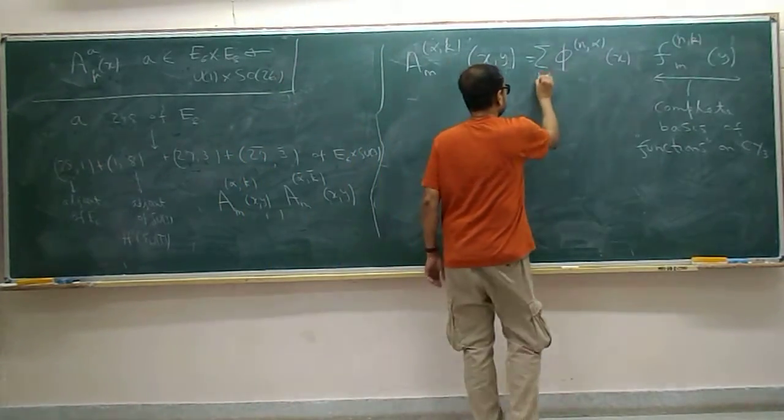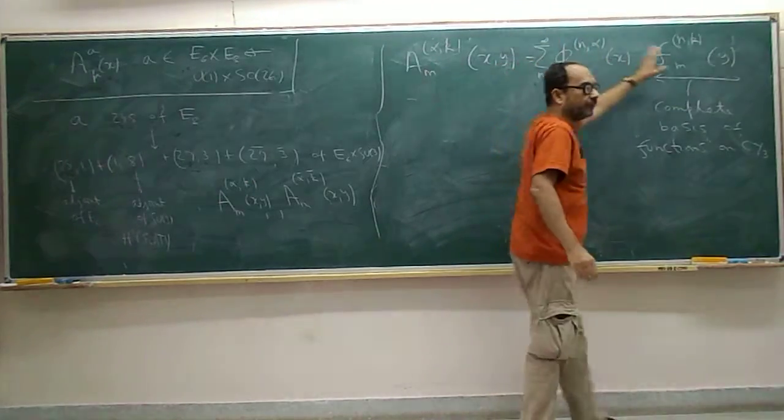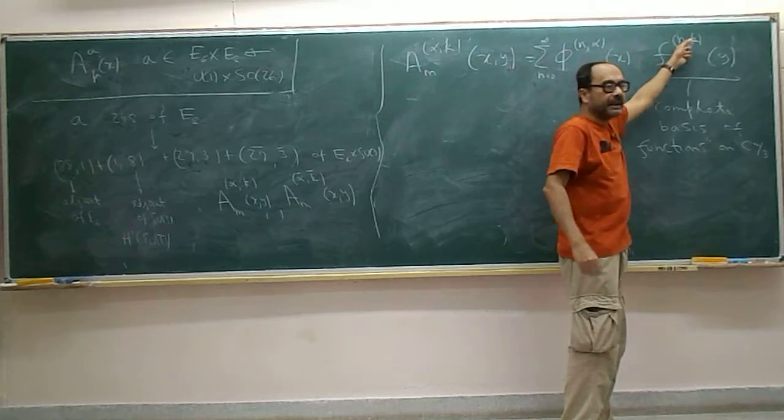The sum over n runs from 1 to infinity or 0 to infinity, with an infinite number of basis states. N is basically the level in the basis state.